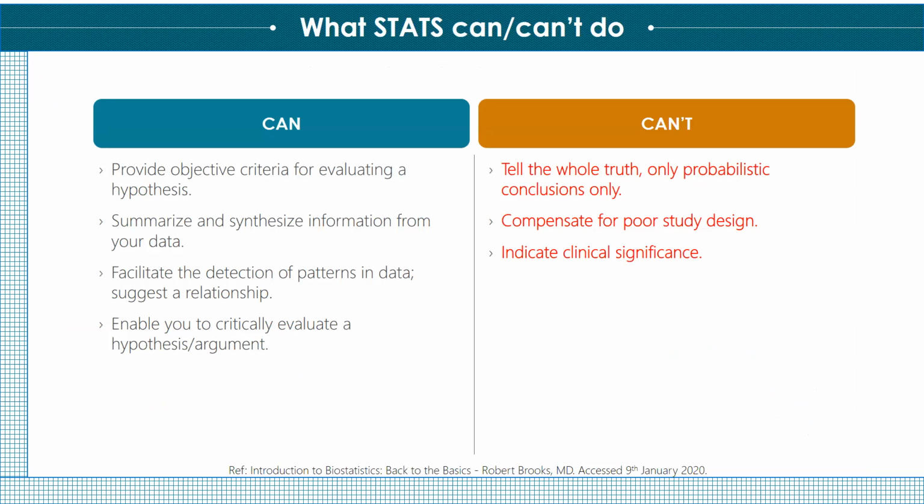So I've told you what statistics can do, and really, most importantly, it can enable you to evaluate your hypothesis. But what it can't do is tell you everything. It can only give you probabilistic conclusions, and it cannot indicate clinical significance. But you need statistical significance before you can indicate that there now is a clinical significance.